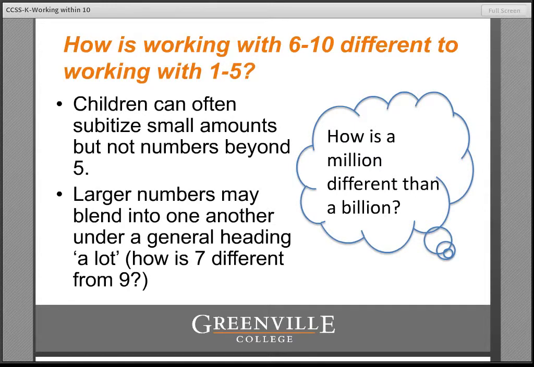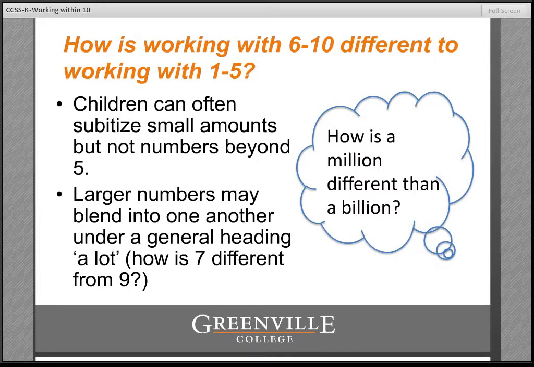However, we need a way for them to really develop meaning for these, because for a young child, 6 through 10 might as well be a much larger number. There's not necessarily an understanding of how 7 is much different than 9. And if you think about it from an older child's perspective, imagine a 4th grader probably doesn't understand a great deal of difference, really, when it comes down to conceptualizing between a million and a billion.